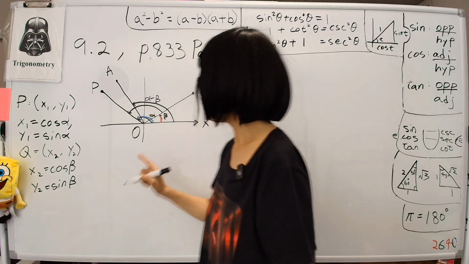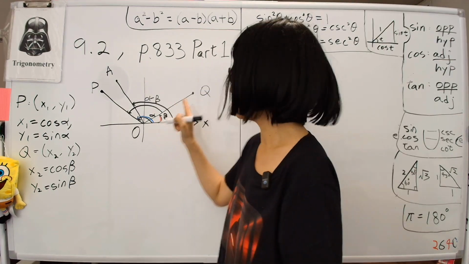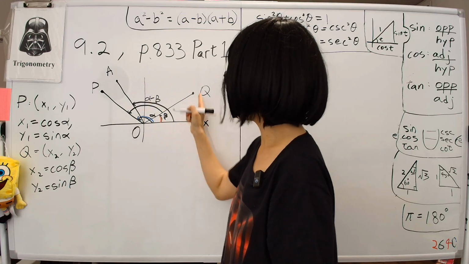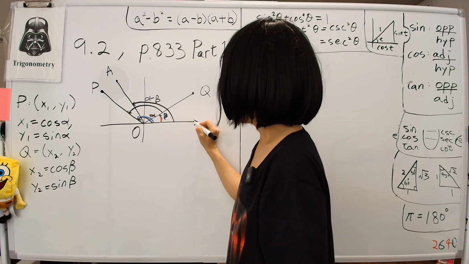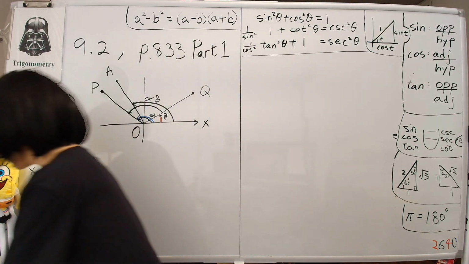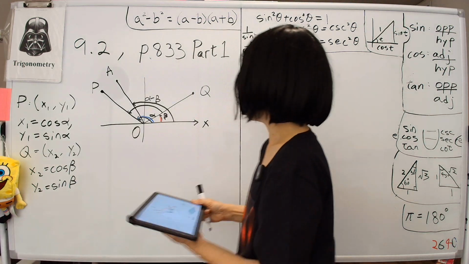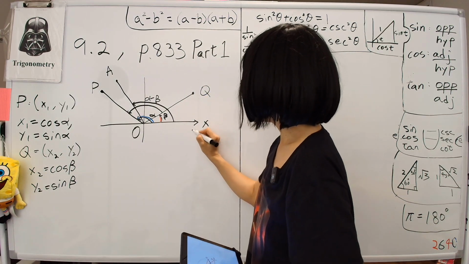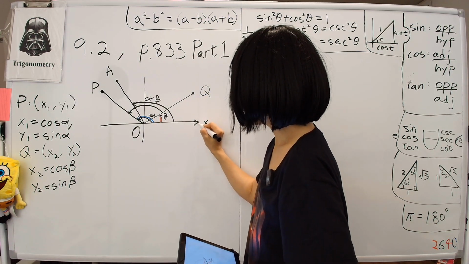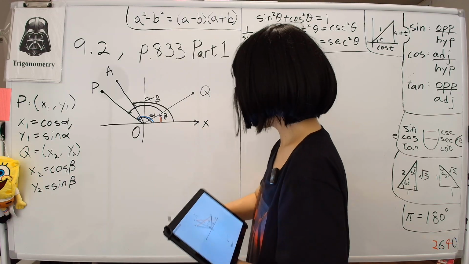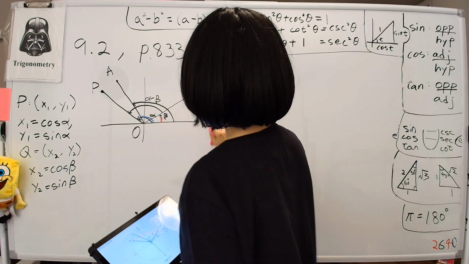Because that is true for all points on the unit circle, and we have said that P, A, and Q are all on the unit circle. And then there's yet another point here at 0, 1. So this, let's see, we'll draw it right here.